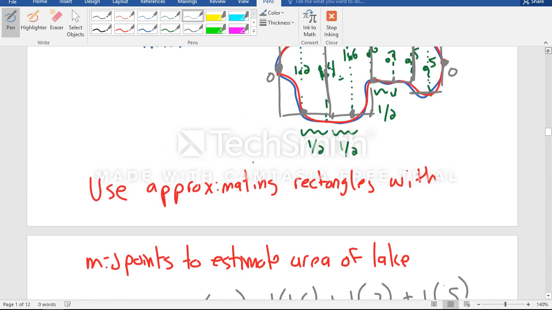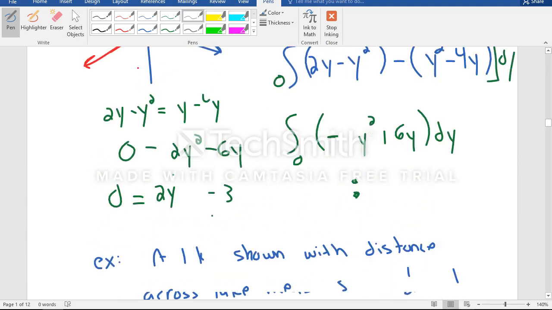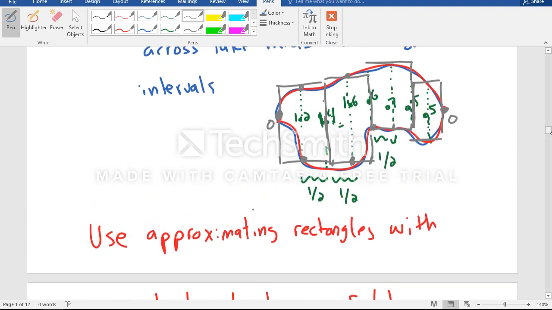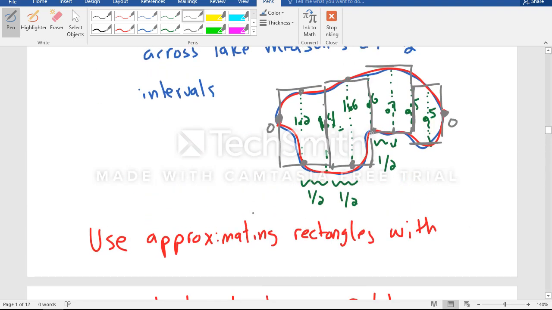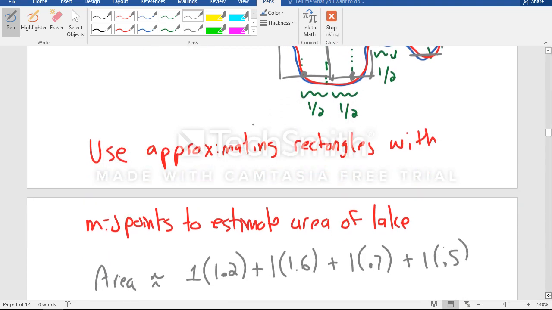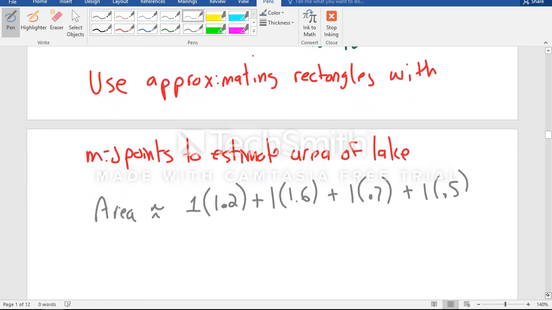Did I do that right? Yes! So we had the 1.2, the 1.6, the 0.7, and the 0.5. So numerically, here's an estimation to the area of the lake using midpoints of the distances that were measured and given to us.